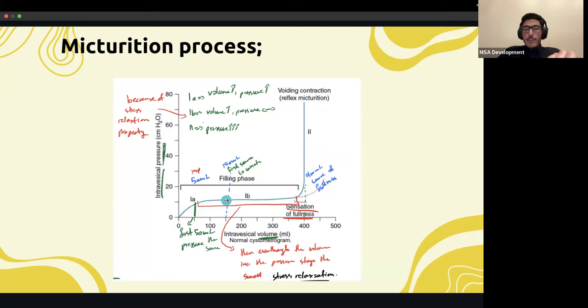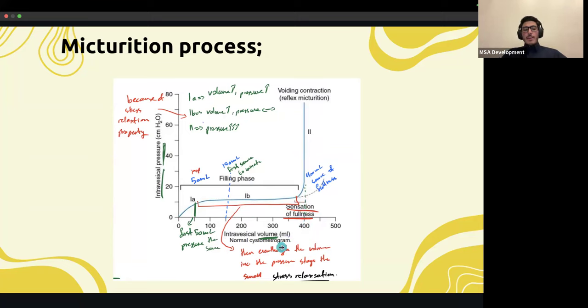The stretch receptors on the bladder send those signals, but in this phase you can see that they are pretty low, and as the volume increases, they slightly increase. But the moment those reflexes increase rapidly is within segment 2, where it reaches around 400 milliliters.